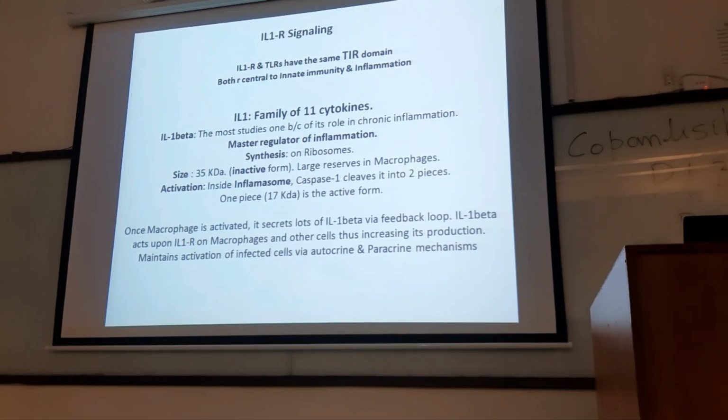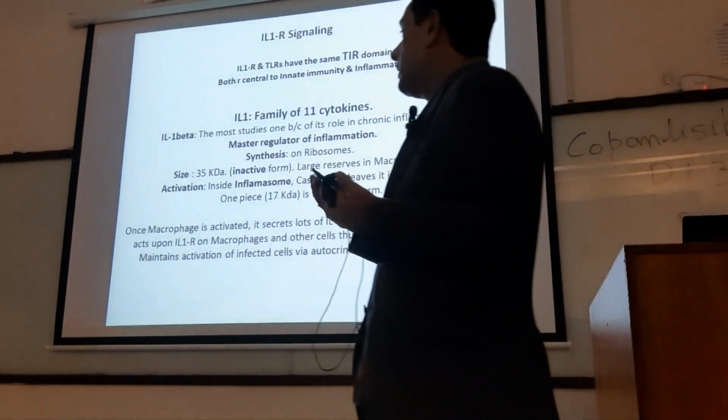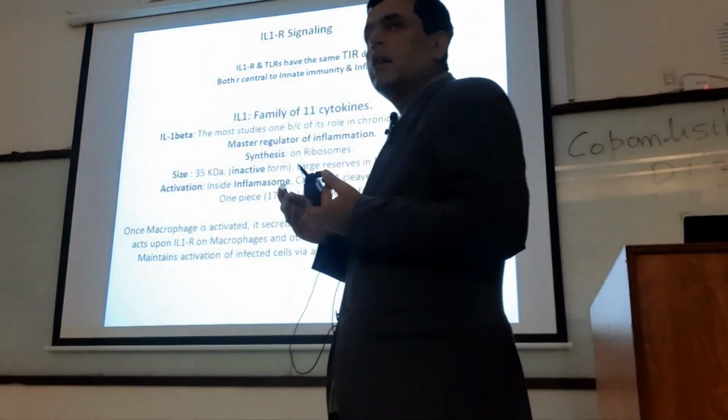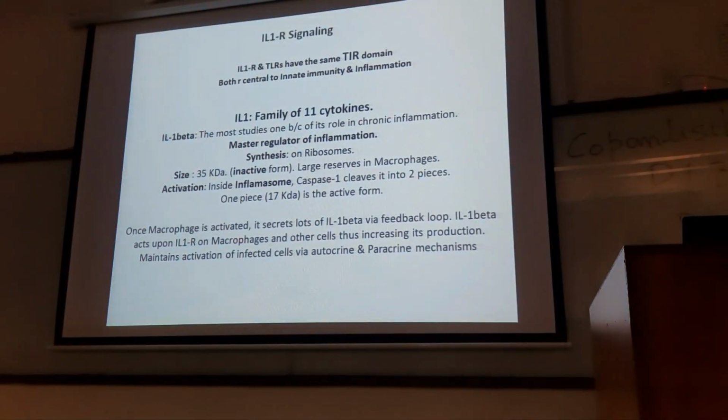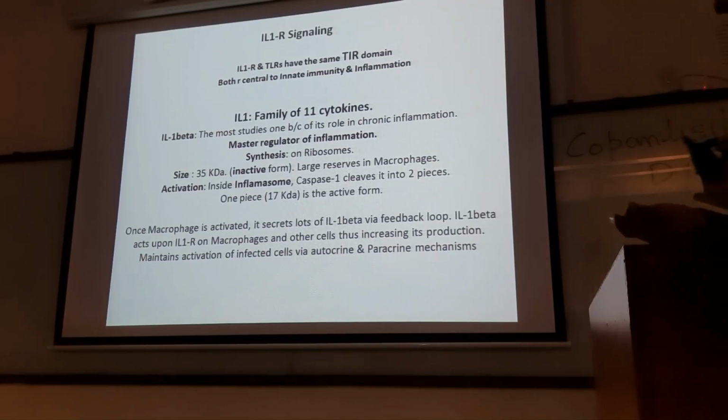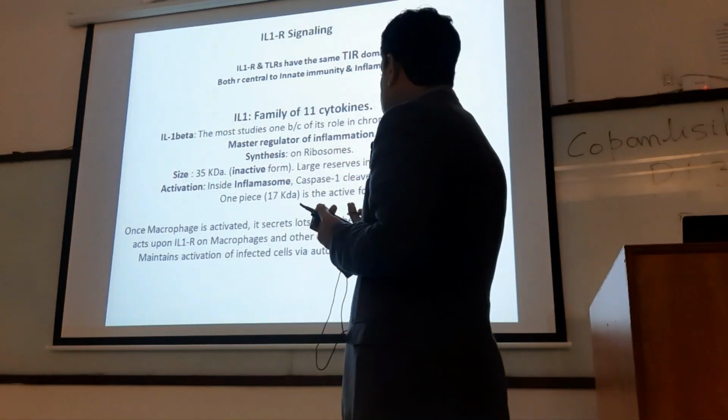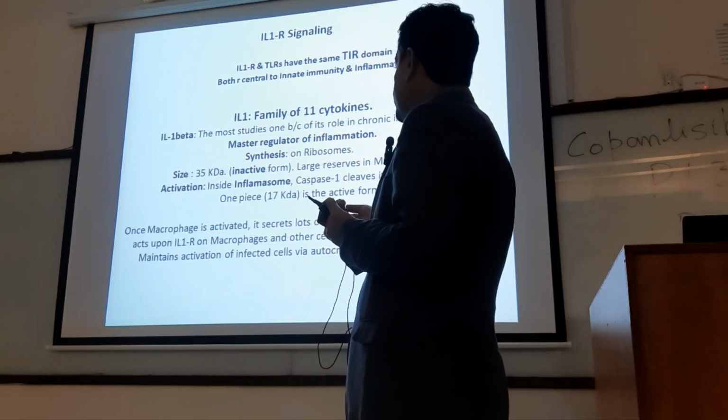Okay? And if you use monoclonal antibodies against other cytokines, the inflammatory process doesn't stop with that intensity as you would see in the case of interleukin 1 beta. So that's why we call it the master regulator of the inflammatory process.